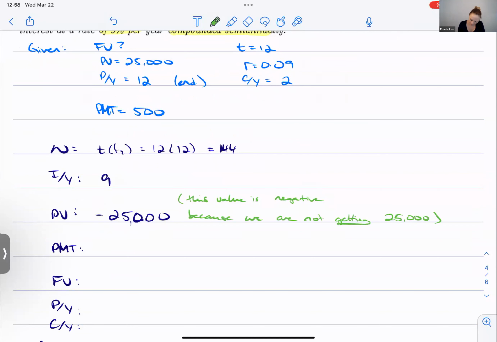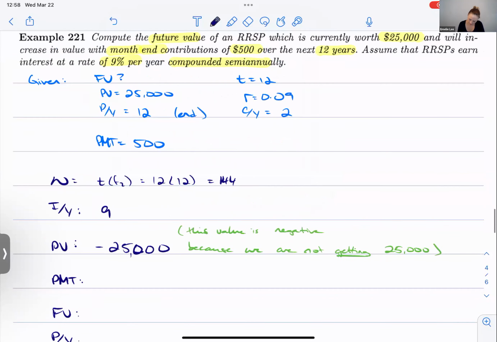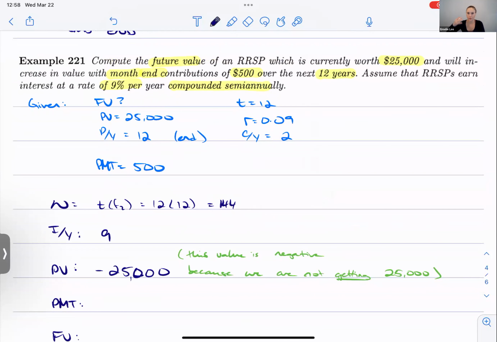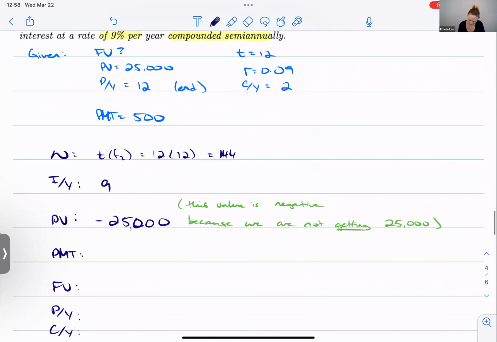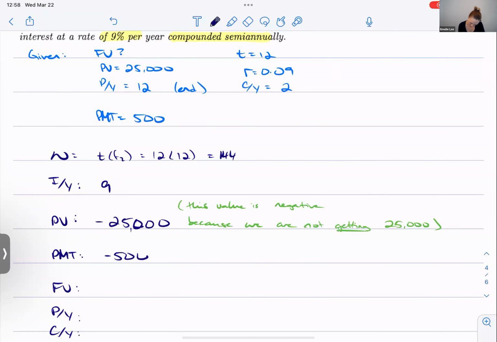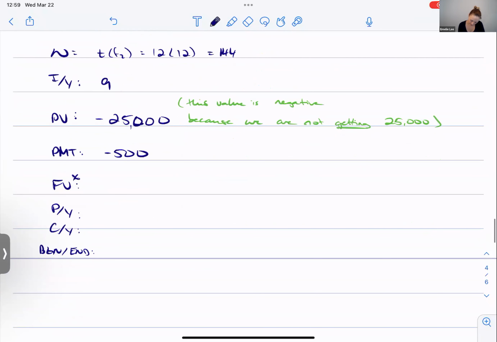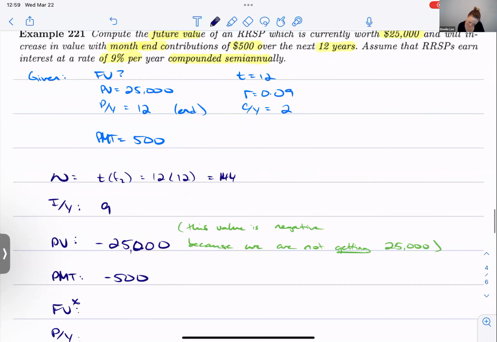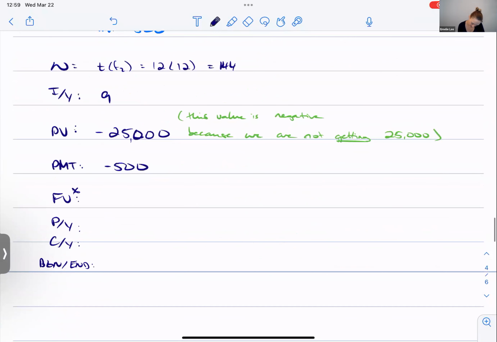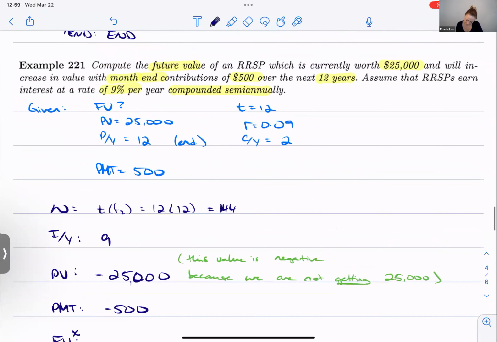The payment is also negative, right? Because you're contributing $500. So negative $500. We want to solve for the future value. The payments per year were monthly, so 12 at the end. May as well jot it down as it appears. And the compoundings per year were 2, semi-annually.